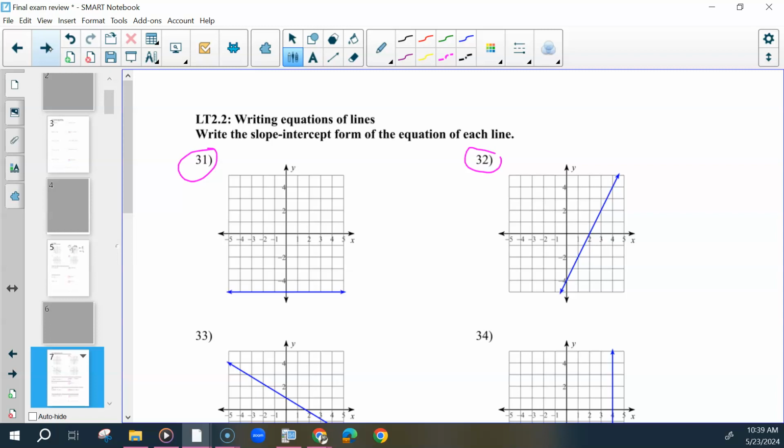Moving on to 2.3, graphing. Any questions there?